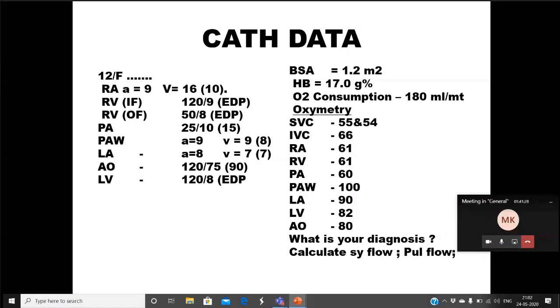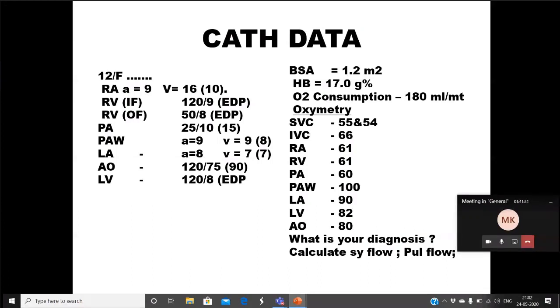The oxygen which is carried by the aorta minus the oxygen which is carried in the mixed venous, sir. No, I asked you a question. You have written 17 multiplied by 1.34 multiplied by 10. What is it for? 1 gram of hemoglobin carries 1.34 milligram of oxygen, sir. Okay, right.